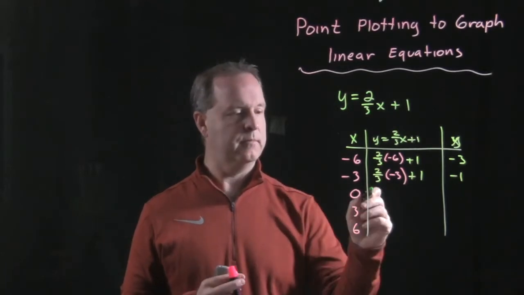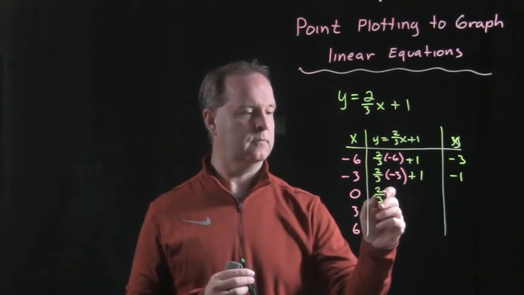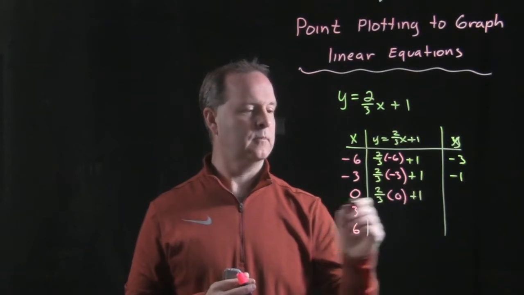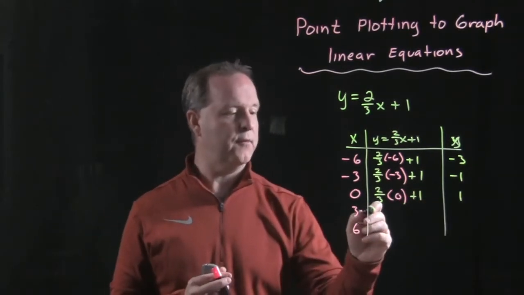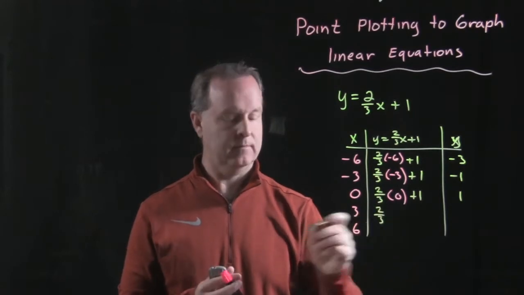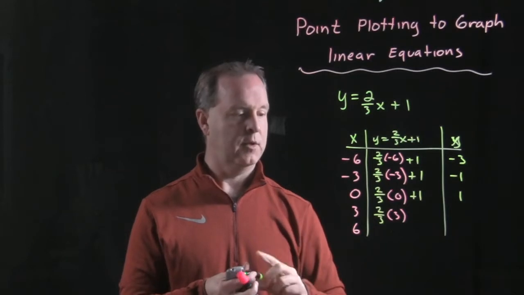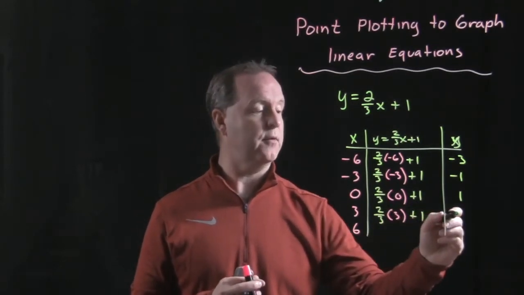Let's try a 0. That solution is a 1. Working on the 3. Two-thirds times 3 is a 2. 2 plus 1 is a 3.